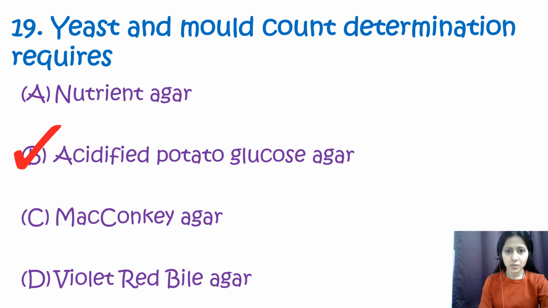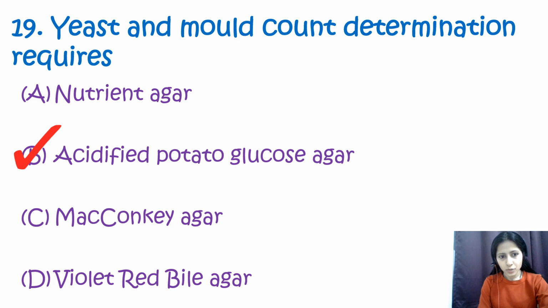So the plating medium which is used for the yeast or mold count is acidified potato glucose agar. This medium is actually selective for fungi, and it is used for the determination of the yeast and mold colonies which are present in the food sample.